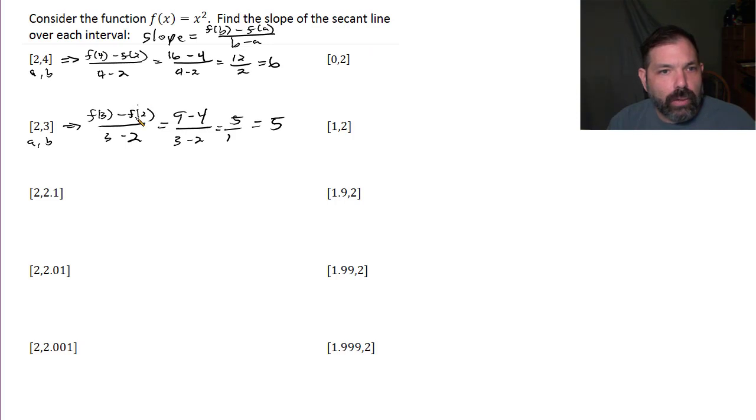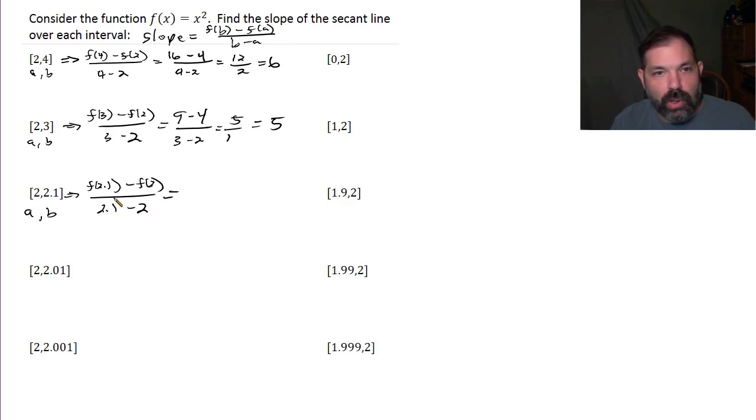All right, so now let's see what we have. 2 to 2.1. Now I'm getting closer and closer to 2. I'm leaving the a alone and I'm changing the second value. Now it's at 2.1. So then this would be f of 2.1 minus f of 2 over 2.1 minus 2.